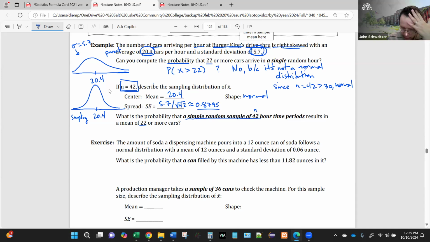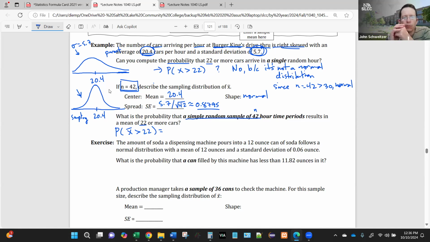If you have 42 counts, you add them all up, you divide by 42, you get an x bar. So the question is, what's the probability that x bar is 22 or more? Up here, we couldn't answer that question, but down here we can, because the sampling distribution is normal.